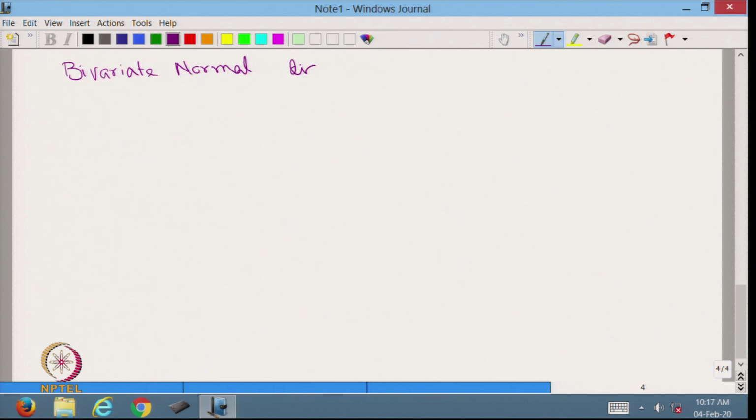So, bivariate normal distribution has 5 parameters. What are they?